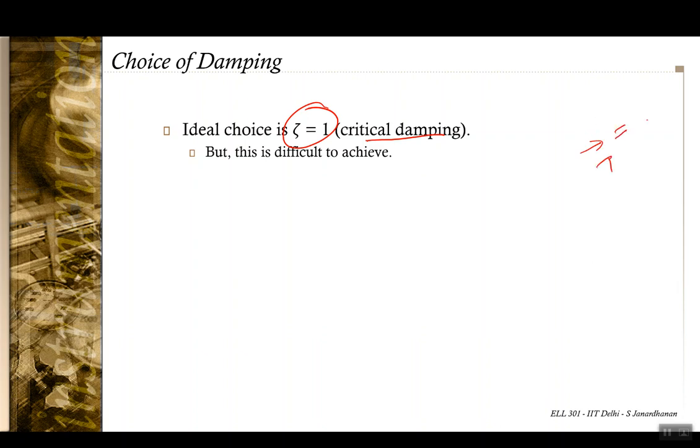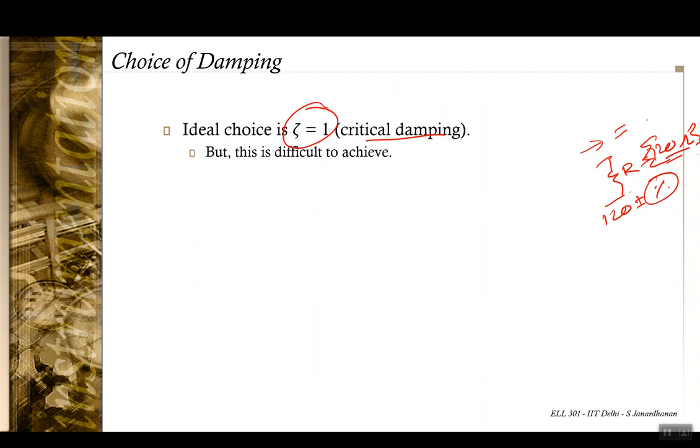Even if you go to a lab and you want to pick a resistance of say 120 ohm, you can never assure that the resistance is exactly 120 ohm. It will be 120 plus or minus some percentage. This error is always there. So even if you try to go for critical damping, you may never get critical damping. In fact, you most probably will not get it. You will not be able to achieve critical damping exactly.